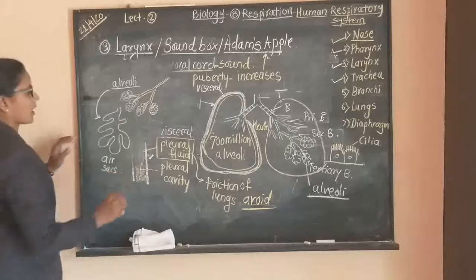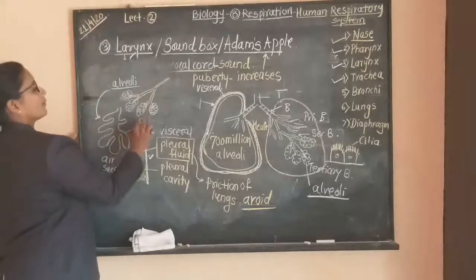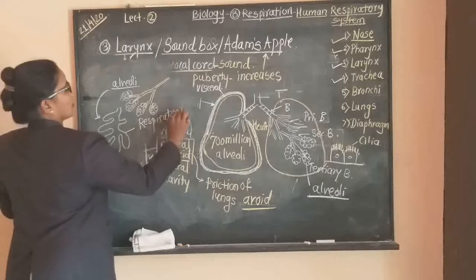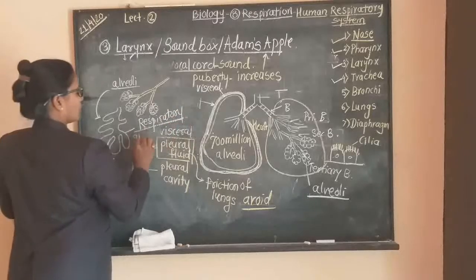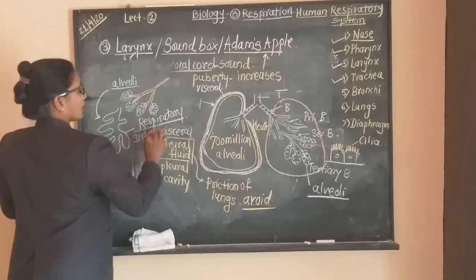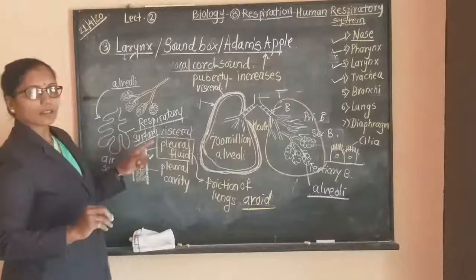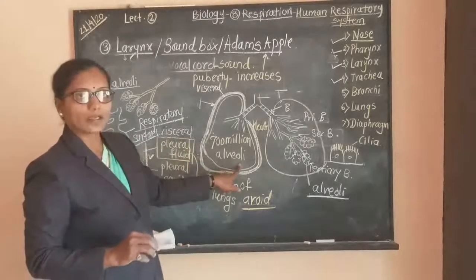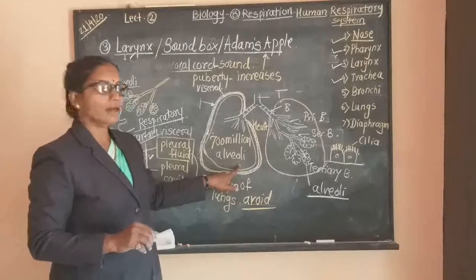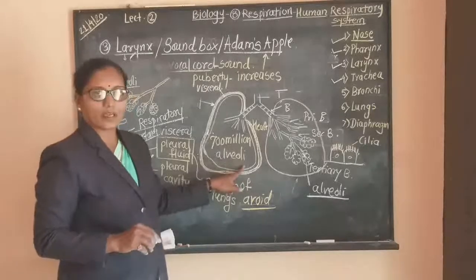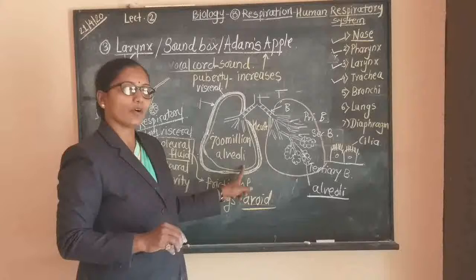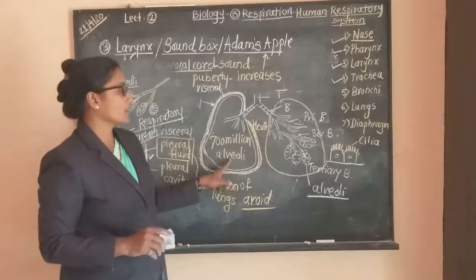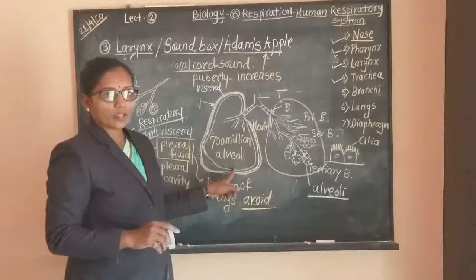These air sacs provide the respiratory surface area. In the last lecture, we studied the respiratory surfaces: these 700 million alveoli internally provide a very large surface area, which is responsible for gaseous exchange, where the respiratory gases are exchanged.